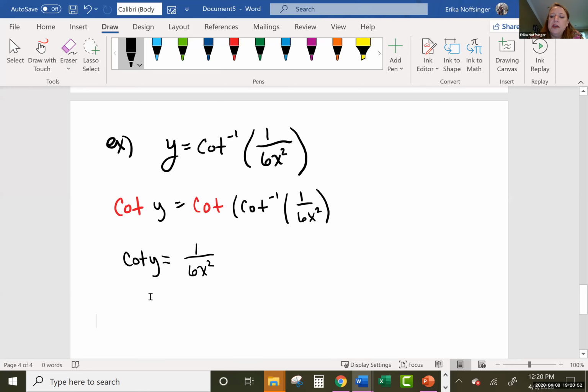And so I have some angle y, and I need to remember the relationships of sides for cotangent. Okay, so cotangent, and I have to go through this in my head, is cosine over sine.